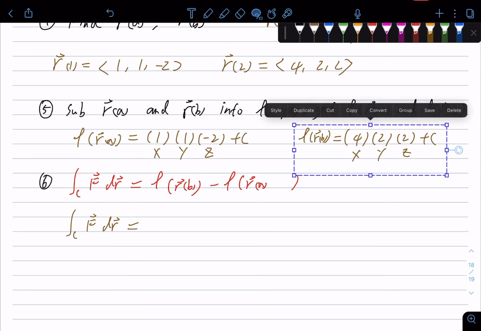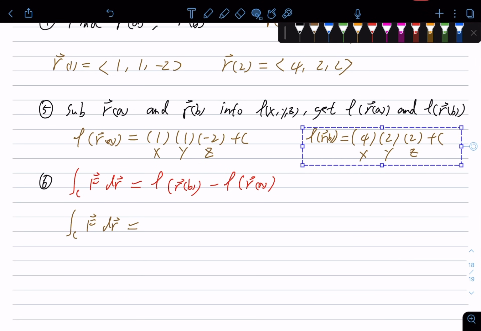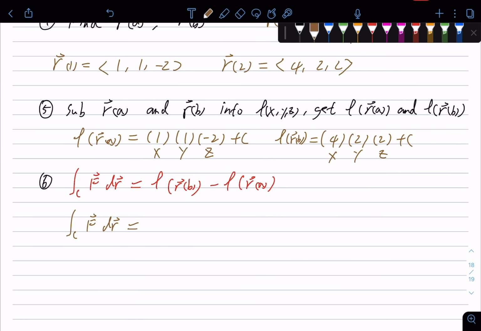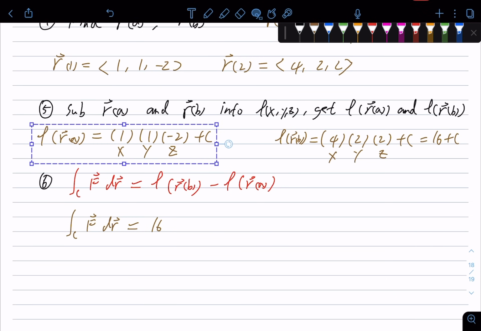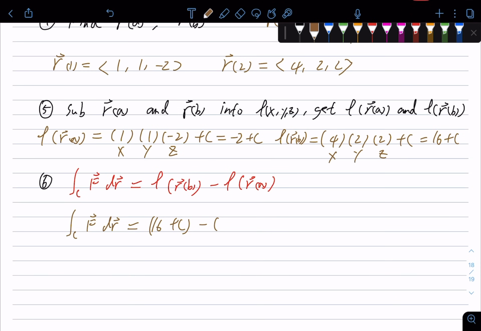This is going to equal 16, I believe. So we have 16 plus c, and then this one is -2 plus c. So 16 plus c minus (-2 plus c), and then we're going to have 18.